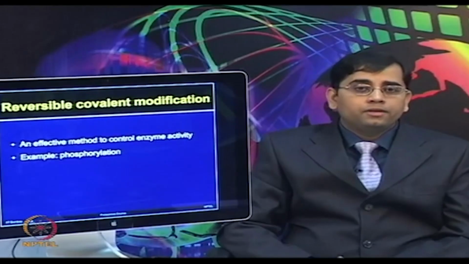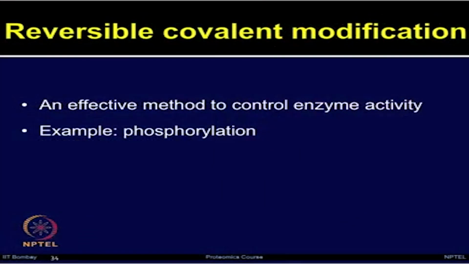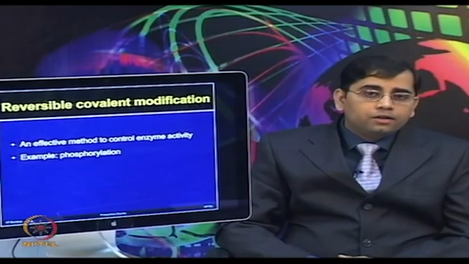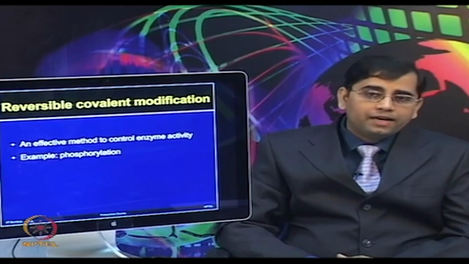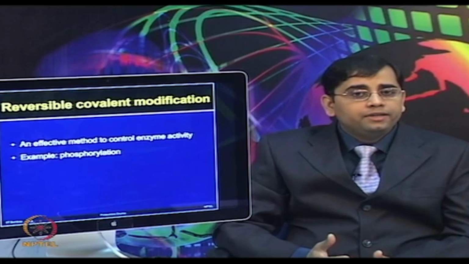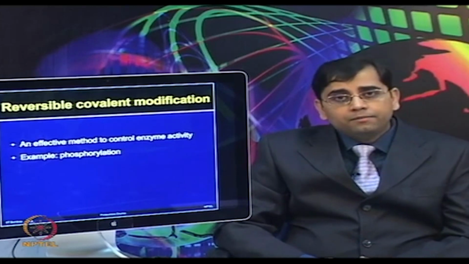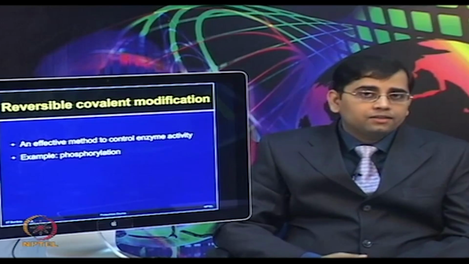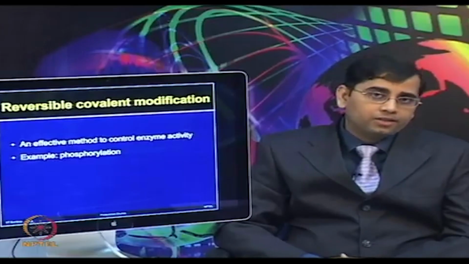Now, let us talk about reversible covalent modification. This is a very effective method to control enzyme activity. You have heard the example of phosphorylation. Protein kinases catalyze the phosphorylation reactions and ATP serves as the phosphoryl donor. Another enzyme, protein phosphatase, removes the phosphoryl group by hydrolysis.